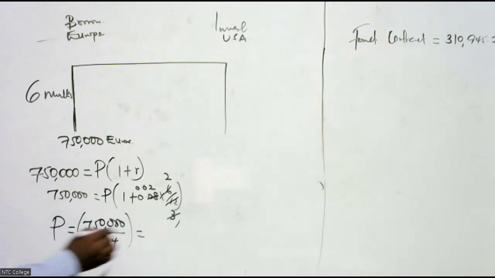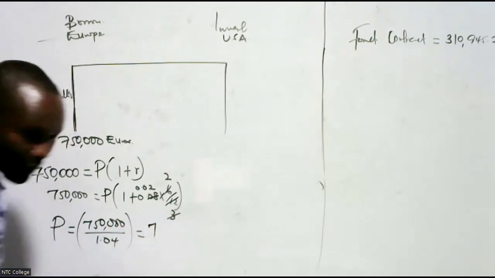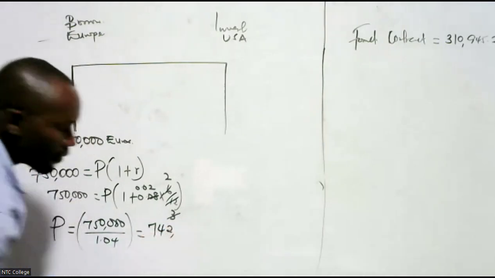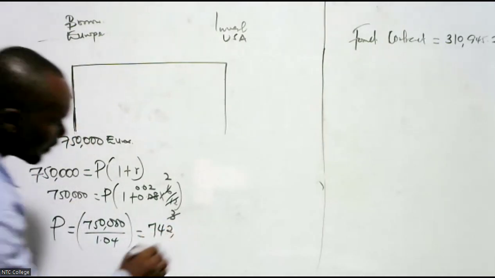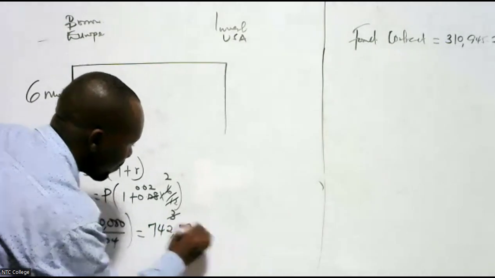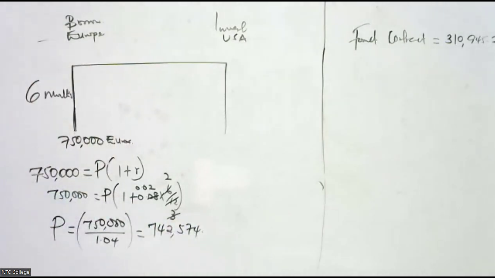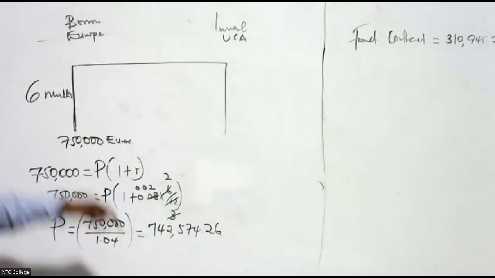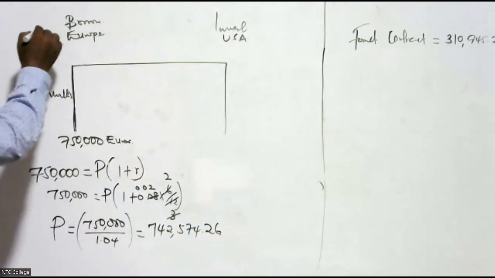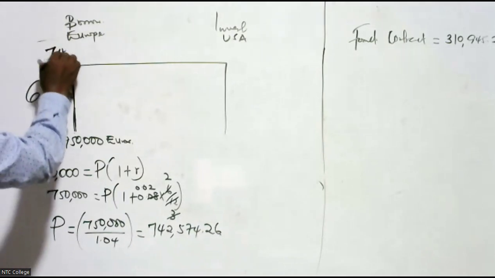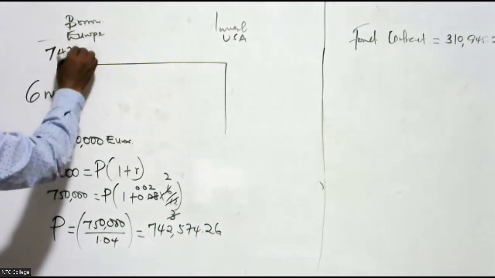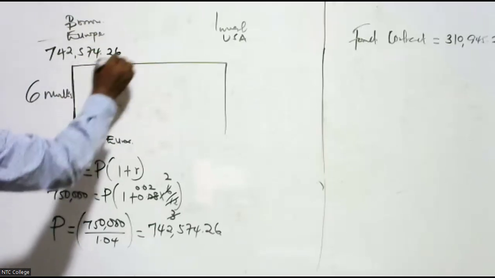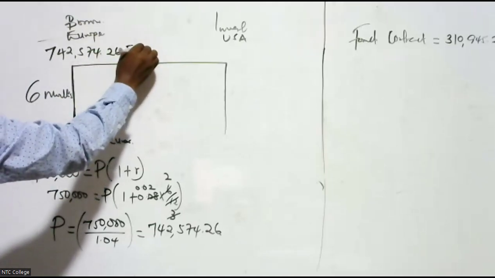We need to go and borrow from the bank an amount that is equal to 742,574.26. So we take a loan of this money in euros, 742,574.26. This is euros.